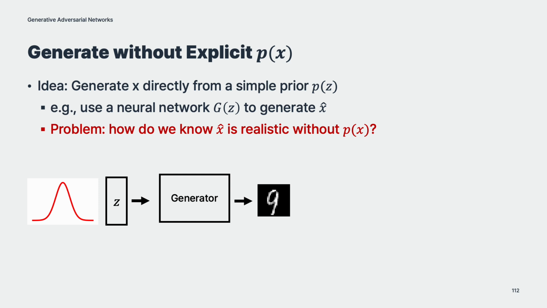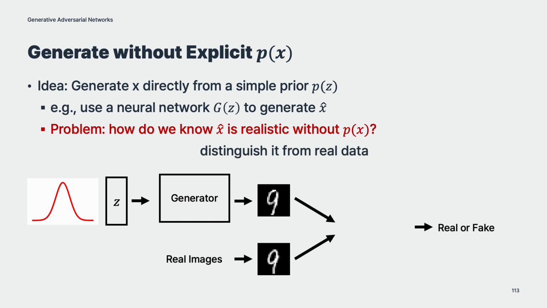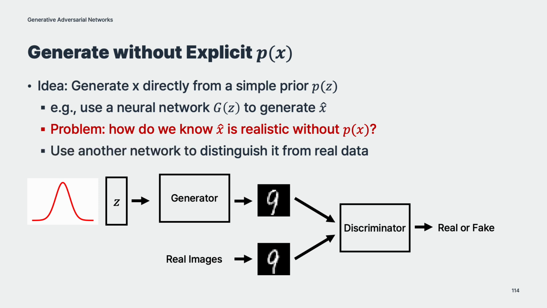But here's the problem. Without modeling P of X, how do we know if the generated image is realistic? The answer is, if we cannot distinguish the fake image from real data, then it must be a good sample. To measure that, we introduce a second network, the discriminator.